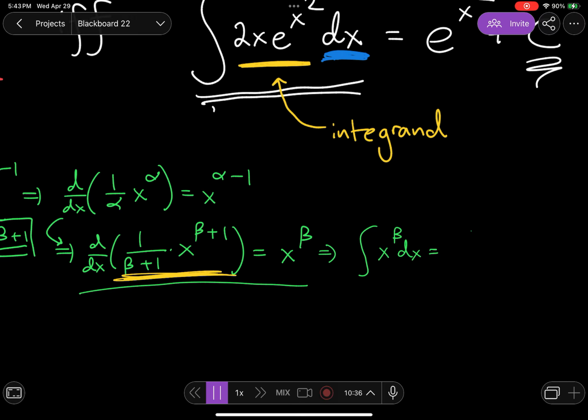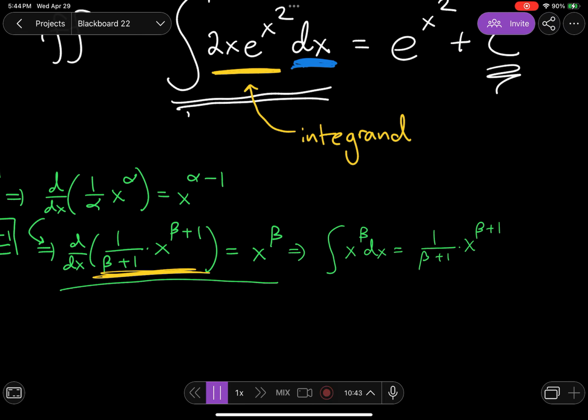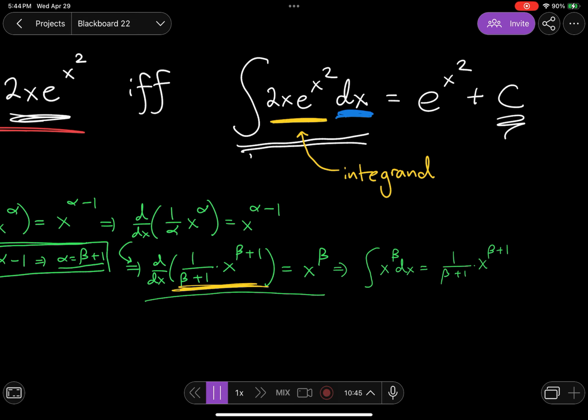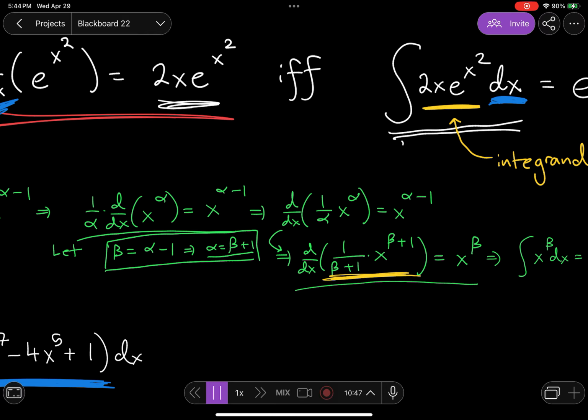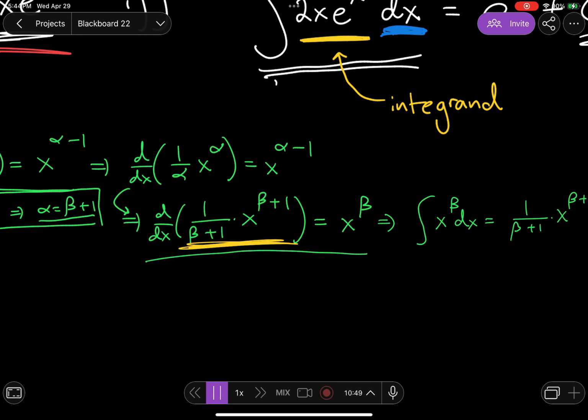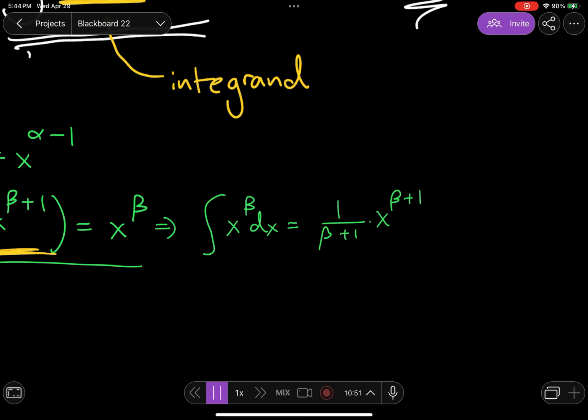So that will be 1 over beta plus 1 times x to the beta plus 1. Of course, this is as long as beta does not equal -1, which says the same thing as alpha does not equal 0. And of course, we want to include that constant of integration.